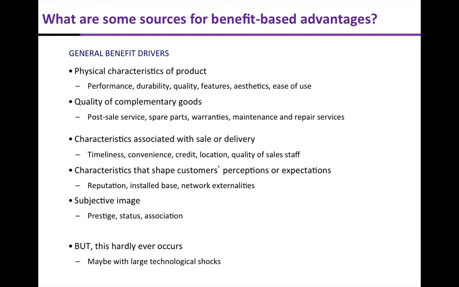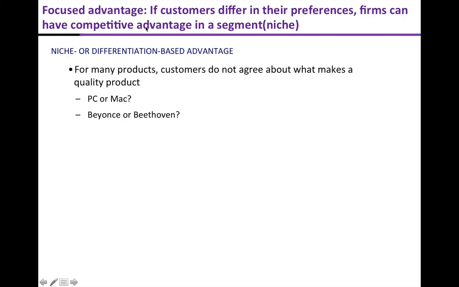Generally, we get the third kind, which is a focused advantage or a differentiation-based advantage. So what do I mean by this? The value creation looks very similar to the prior slide, where you've raised willingness to pay, you've raised prices more than you've raised costs, but only for a specific segment of the customers.